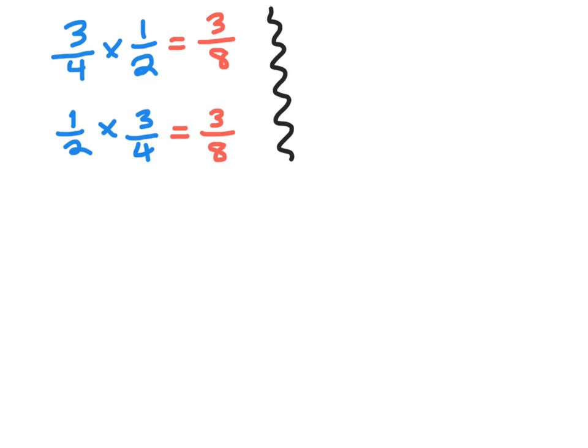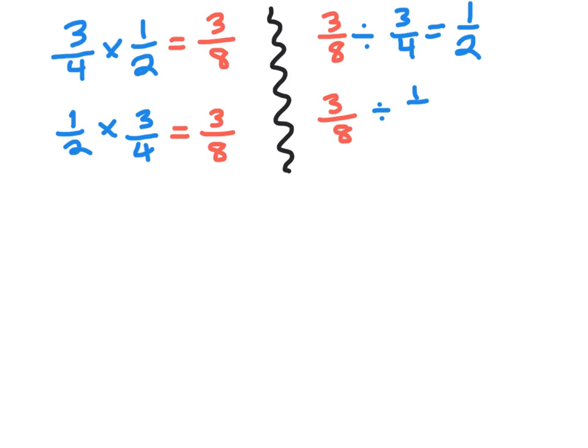Using the inverse, which is the opposite of multiplication, which is division, I can say 3/8 divided by 3/4 will get me 1/2. Or I can say 3/8 divided by 1/2 will get me 3/4. So this shows the fact-family relationship with multiplication and division using fractions.